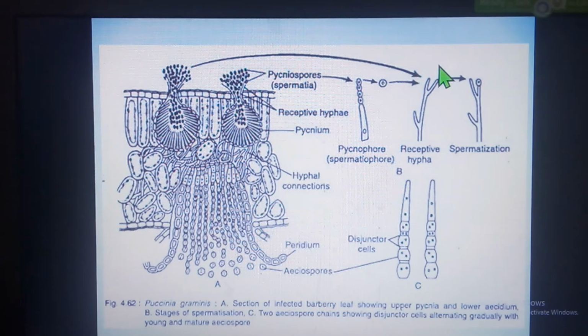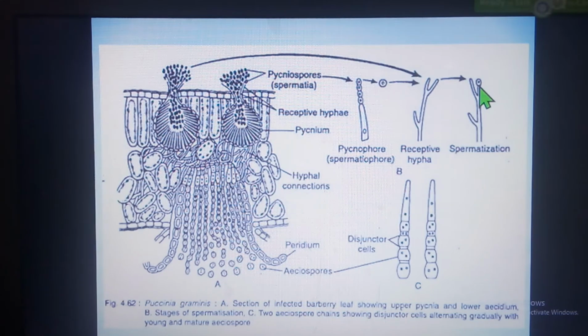So what happened when they come in contact like this? They will fuse together. So the transfer of pycnospores to the flexuous hypha of the opposite mating type, that is the positive with the negative flexuous hypha. Now the wall, what happened here when they come in contact together?